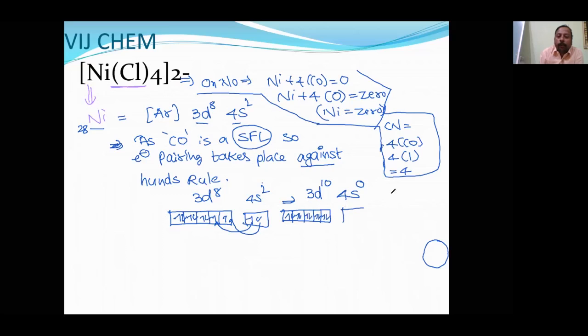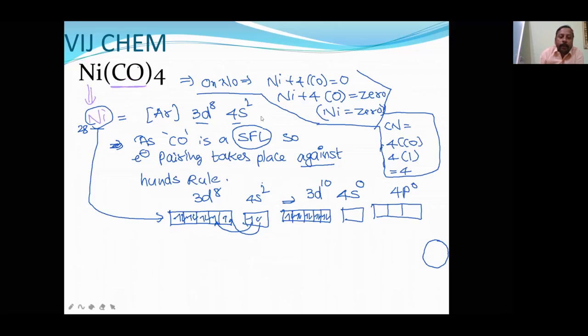Now 4s0, then 4p. 4p was already blank. Now this is the nickel configuration when it is associated with carbon monoxide. Sorry, I wrote this on the next page. Not a problem, I will shift to the next slide.